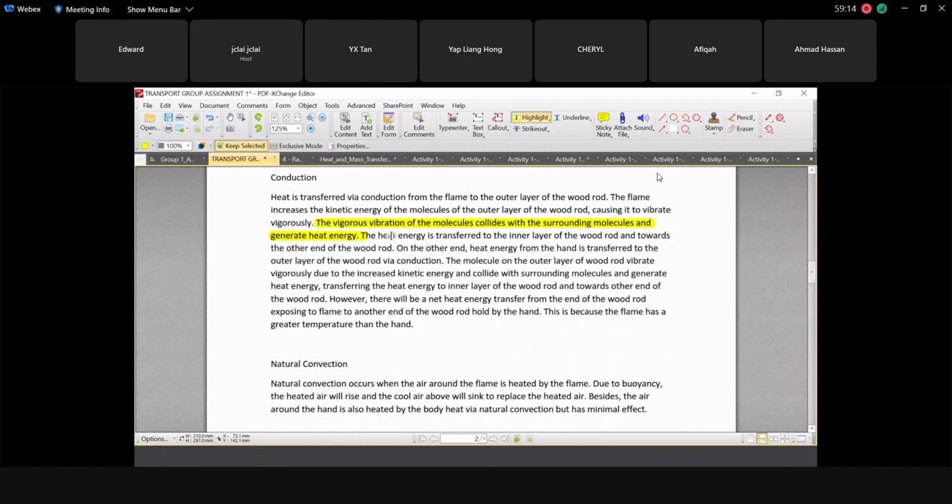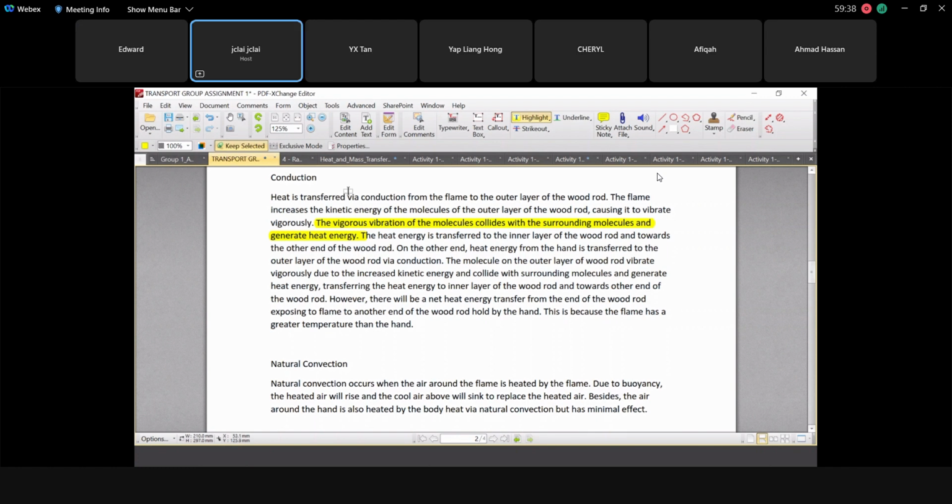Meaning the collision of the molecule generates energy. Is that correct? Doctor, I think we need to add: due to friction, generates heat energy due to friction.